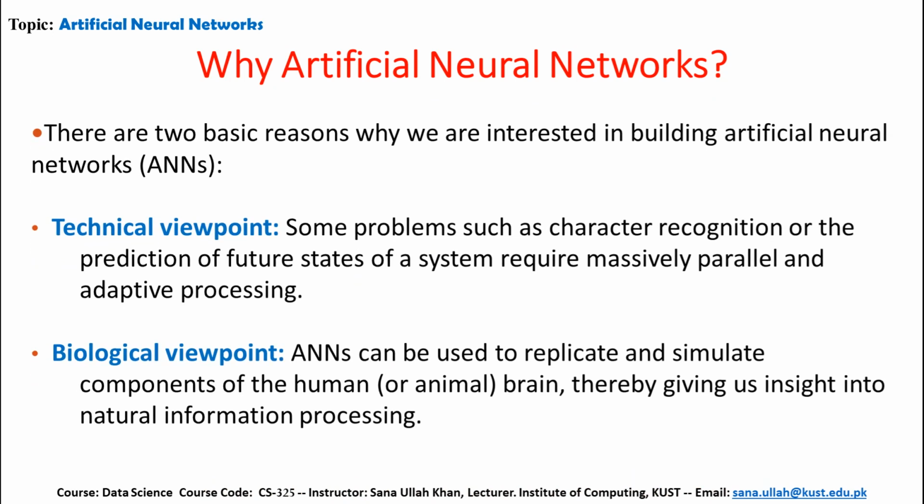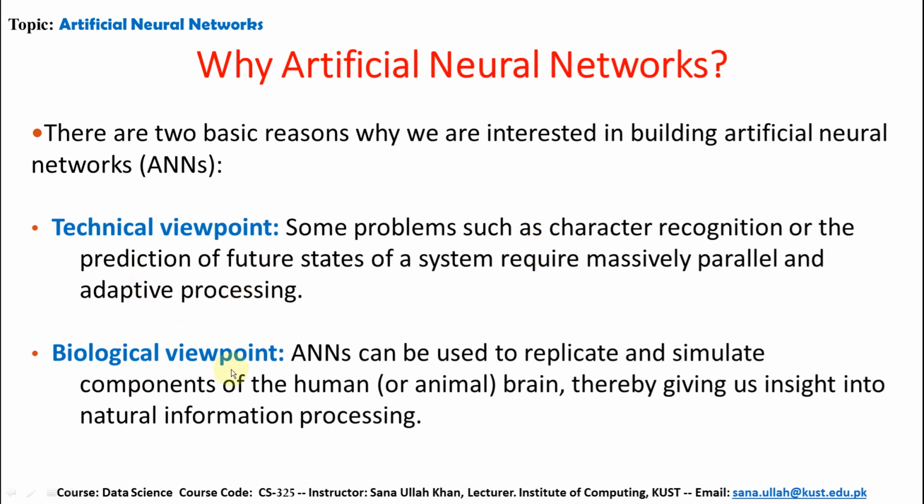So why artificial neural networks? There are two basic reasons why we are interested in building artificial neural networks. One is the technical viewpoint, and the other one is the biological viewpoint. From the technical viewpoint, some problems such as character recognition or the prediction of future states of a system require massively parallel and adaptive processing.